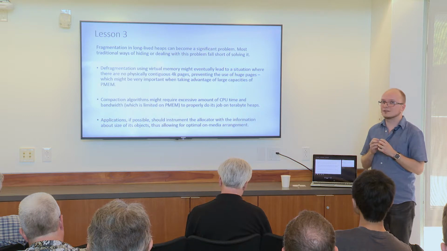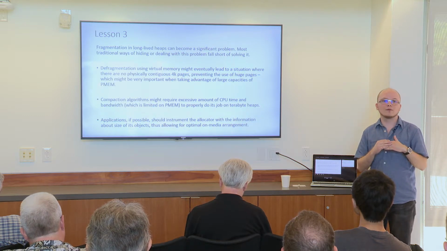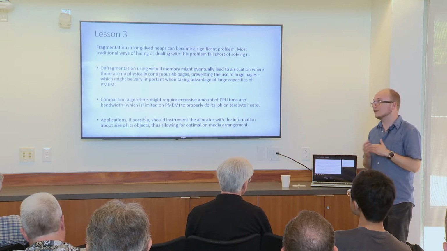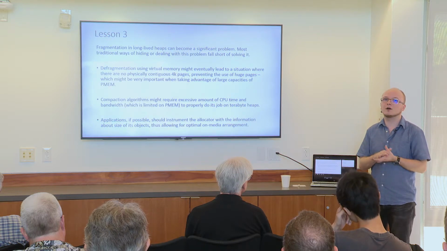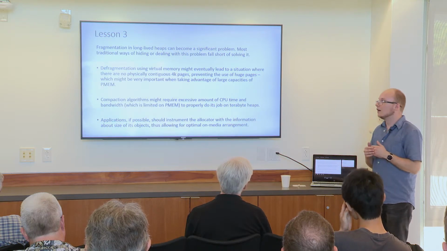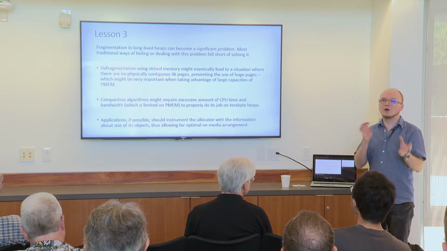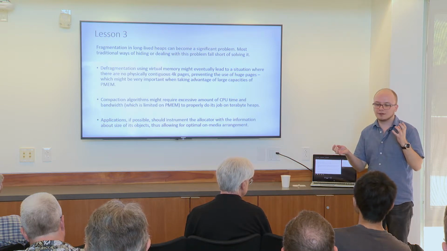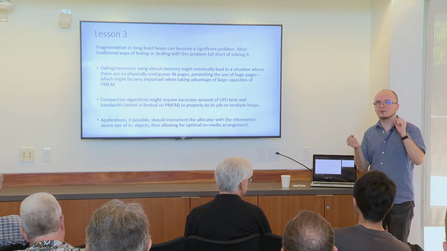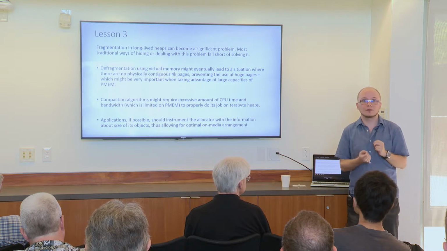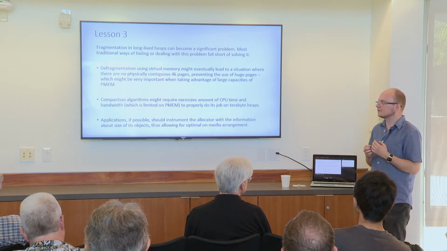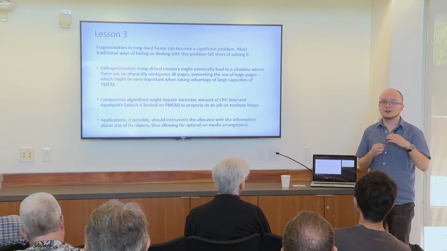So you have to deal with it somehow. In Redis, for example, they implemented their own defragmentation scheme, where they simply call realloc if there is a better placement for an object, and that takes time and can be difficult to implement.